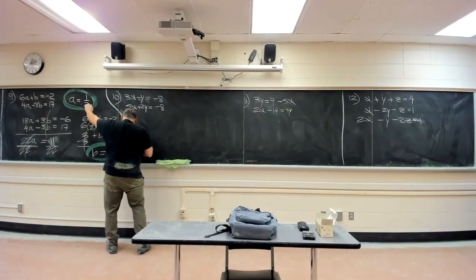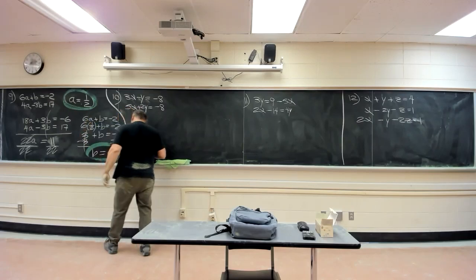A is 0.5, B is negative 5, or A is a half, B is negative 5.